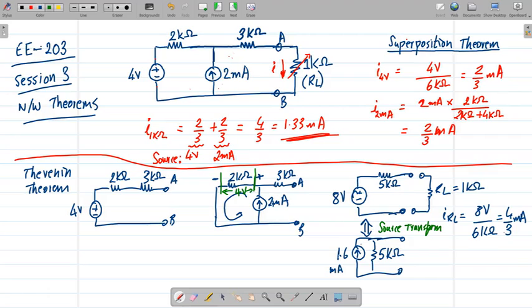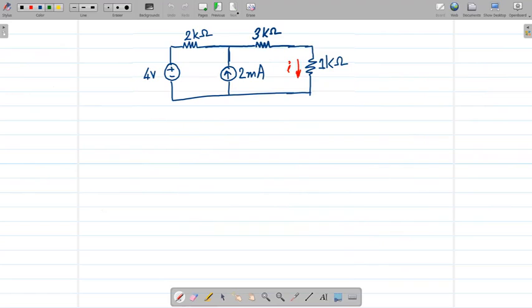But let's get the Norton equivalent starting from the original circuit. So we have that on the next page. I've copied it in advance. So we have done Thevenin. Let's do the Norton.